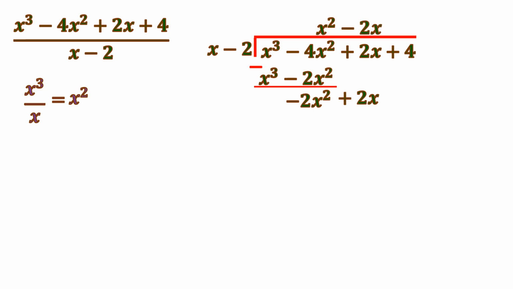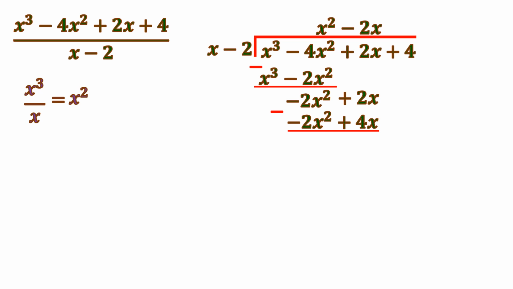Then distribute negative 2x. So negative 2x times x will be negative 2x squared. Negative 2x times -2 is positive 4x. Then subtract. So negative 2x squared minus -2x squared is 0. Positive 2x minus 4x, it's the same as positive 2x plus negative 4x.